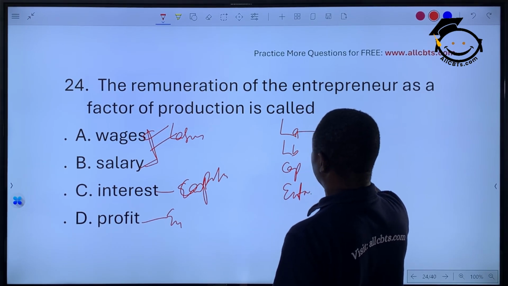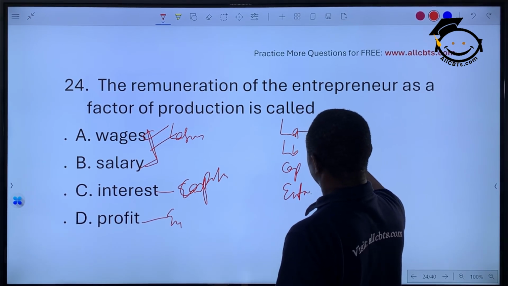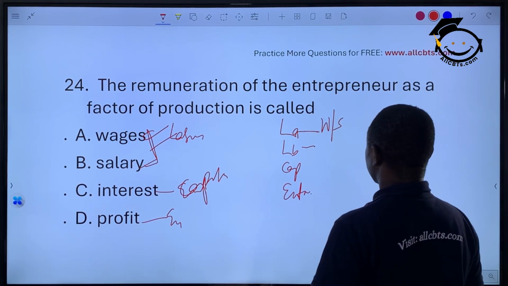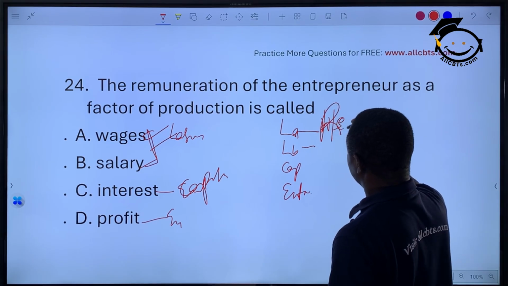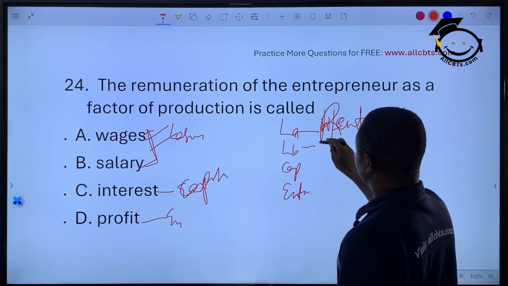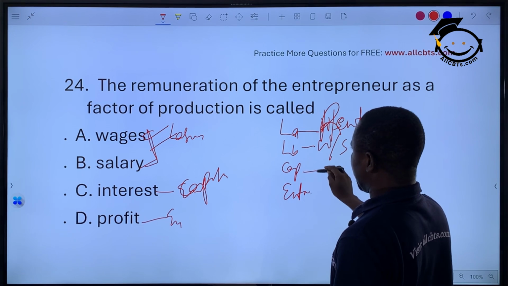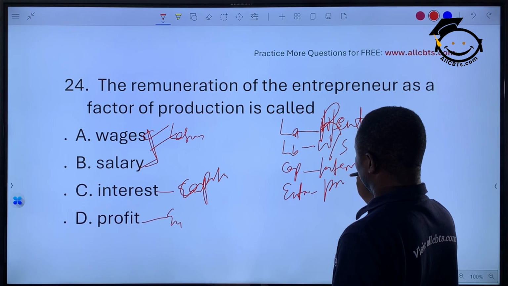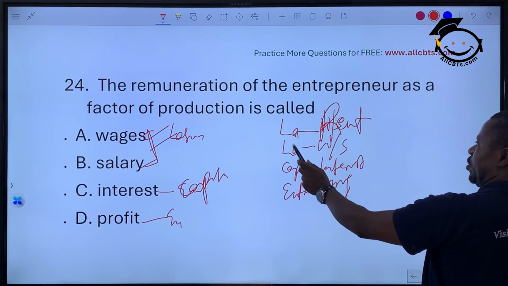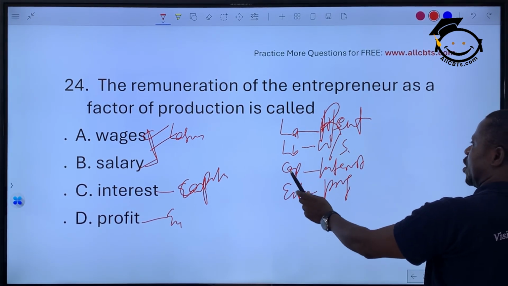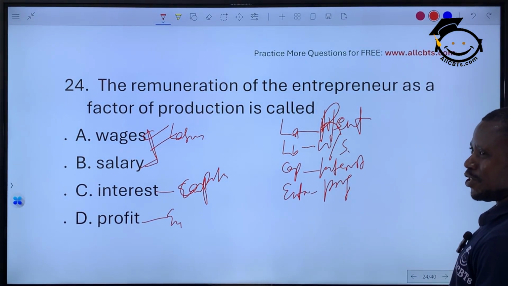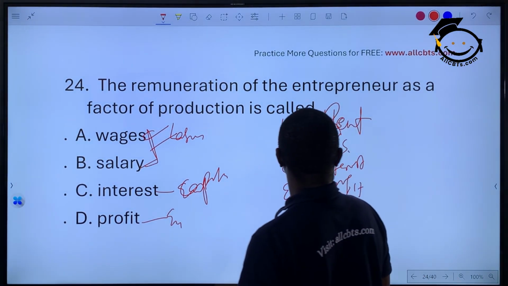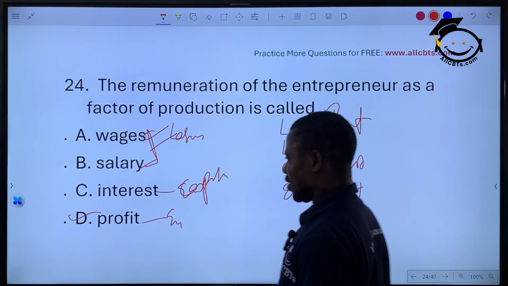The return for land is rent. For labor it is wages or salary. For capital it is interest. And of course, for entrepreneur it is what? Profit. Do you get it now? Land, rent; labor, wages or salary; capital, interest; and of course, entrepreneur, profit. So the answer is entrepreneur profit. Option D. Okay?